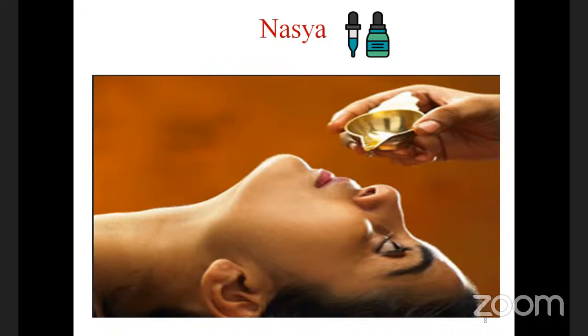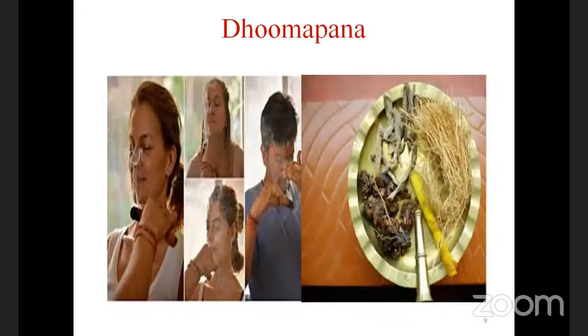So the next point is dhumapana. Dhumapana is the inhalation of medicated smoke through the mouth or through the nose, or vice versa, according to the condition of the disease. It is normally used for diseases affecting the upper part of the body, mainly the head and neck region.